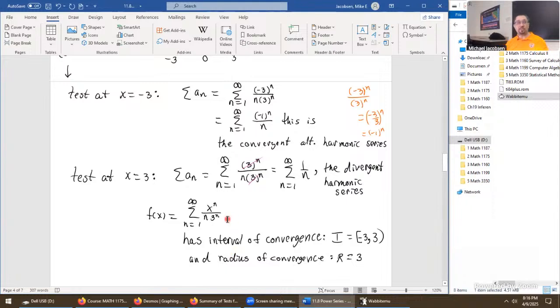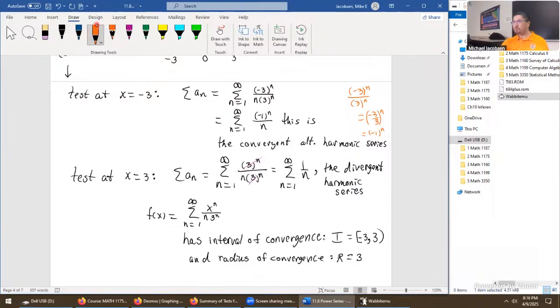Well, that's the conclusion on this one, folks. This is our full analysis of a power series. So what did we do, really? We wrote down something weird mathematically, some kind of analytic function. But when we ran it through all of our testing, we found this is the domain of f. Kind of interesting.